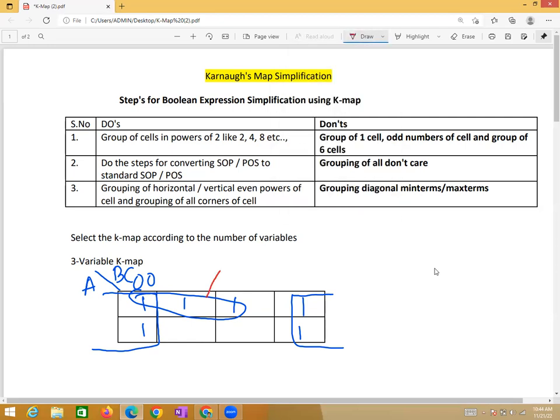This is a wrong method of grouping. A grouping of 3 cells is not possible. Similarly, grouping of 5 or 7 cells is also not possible.